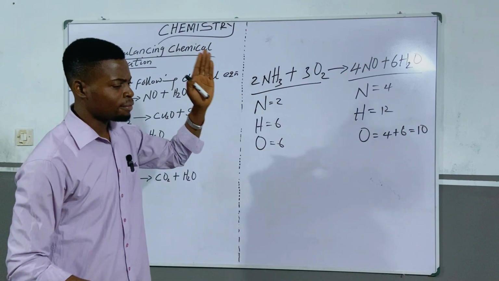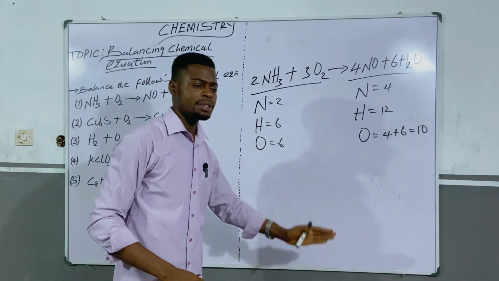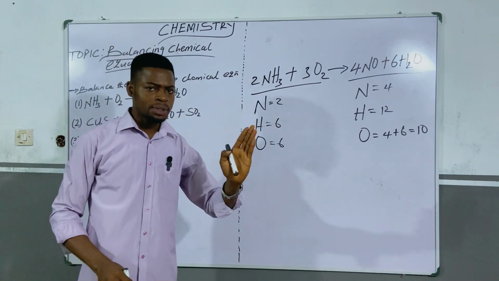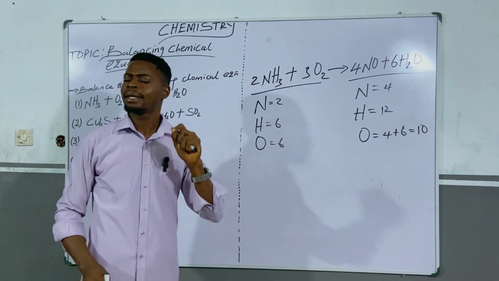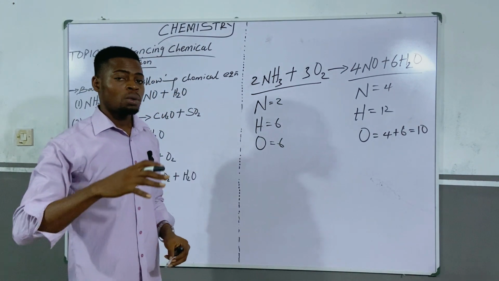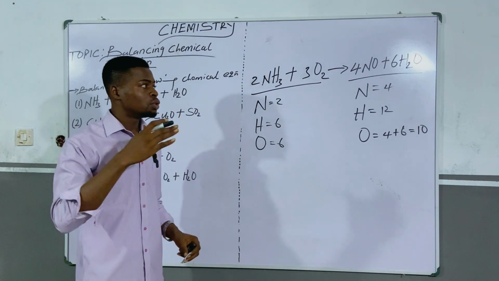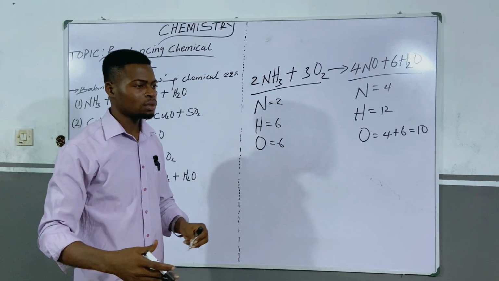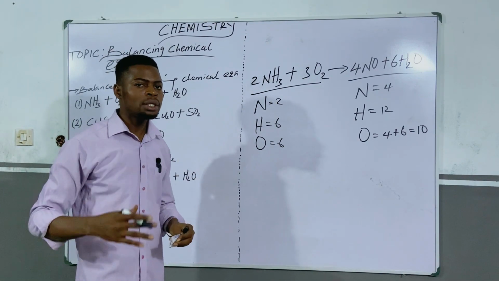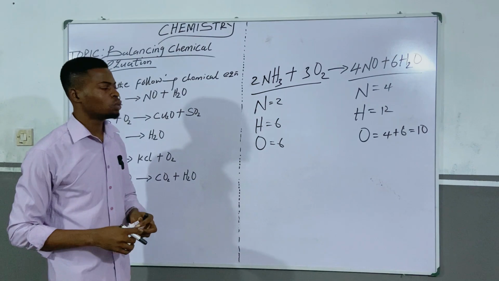When taking the number of atoms on a given side, multiply the subscript by the coefficient. And again, please, when balancing a chemical equation, don't change the subscript. Use coefficients only to balance your chemical equation.